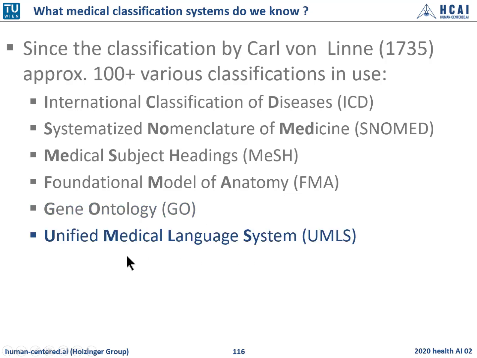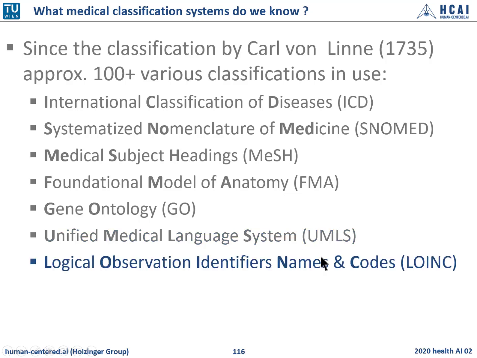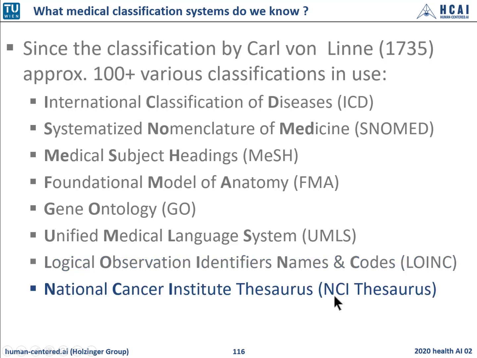And one of the largest, or maybe the largest, still underway project of NIH, the Unified Medical Language System, UMLS. And there is a subset of it, the Logical Observation Identifiers, Names and Codes, LOINC. And from the National Cancer Institute, there's a thesaurus which is called NCI.